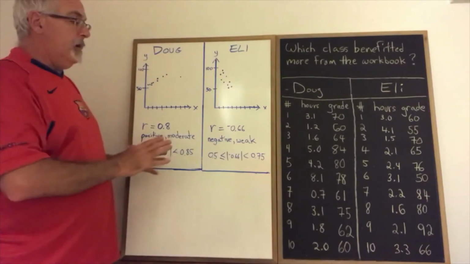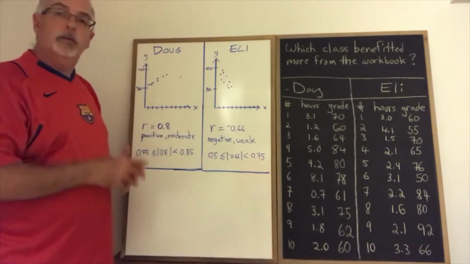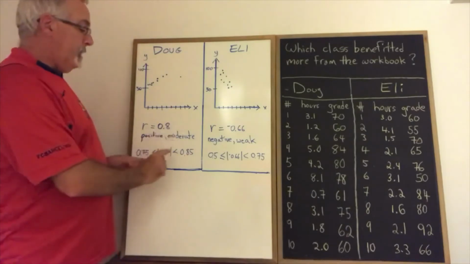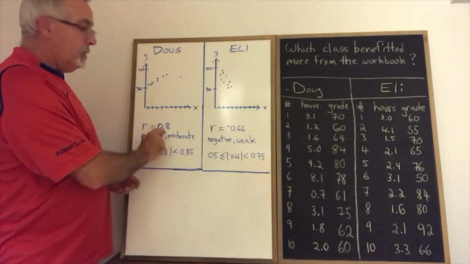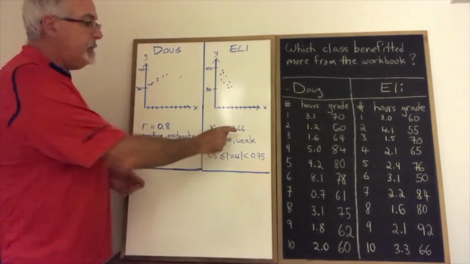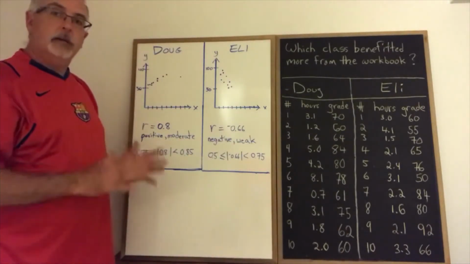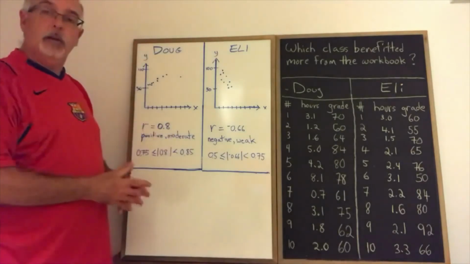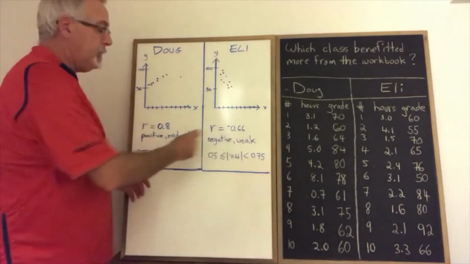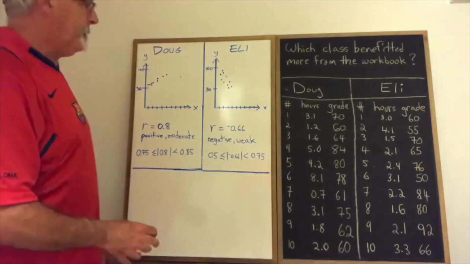So in the table that the students have to use for the courses that I teach, this R of 0.8 is moderate, and this R of negative 0.66 is weak. If you're learning your statistics in a different curriculum, it's possible you're using a different table, and you would be judging this differently. Be careful of that.